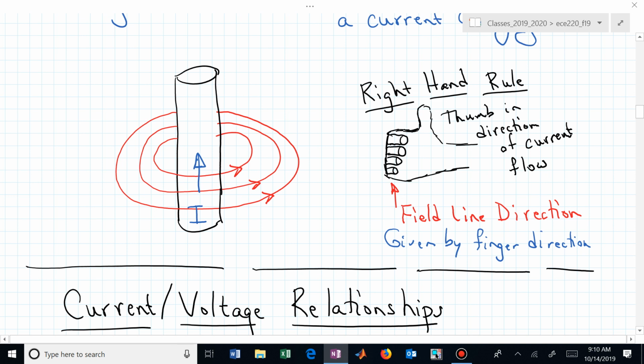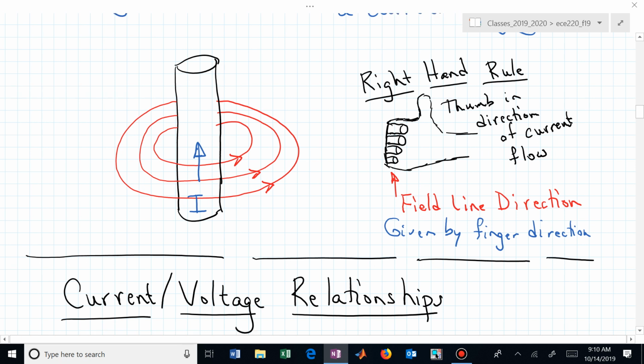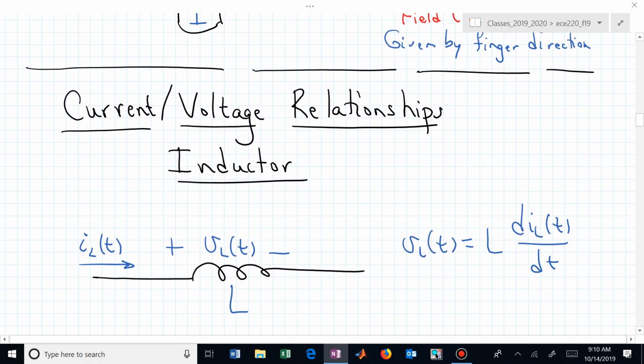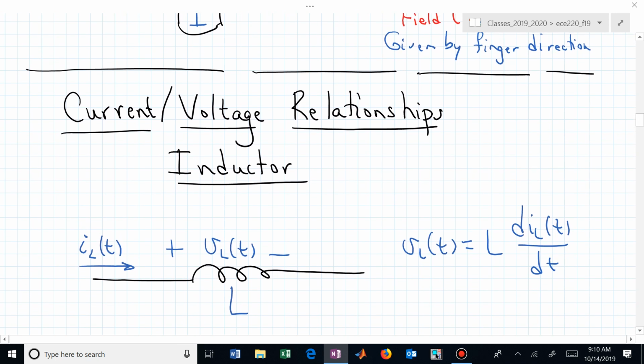What we will be interested in is the ability of these elements to store and release energy related to this magnetic field. And how that happens is actually through this differential relationship.